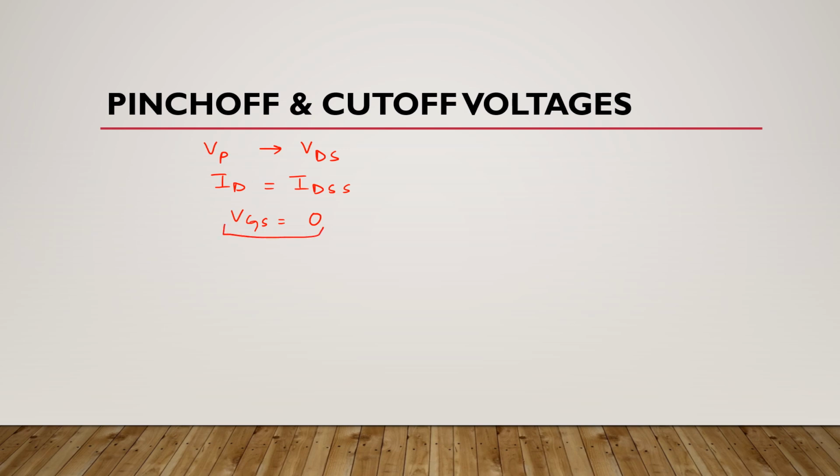Now, what about cutoff voltage? The value of VGS that makes drain current approximately 0 is cutoff voltage.